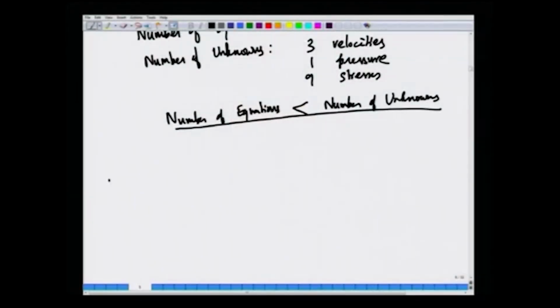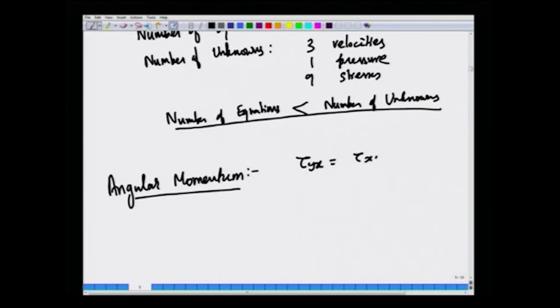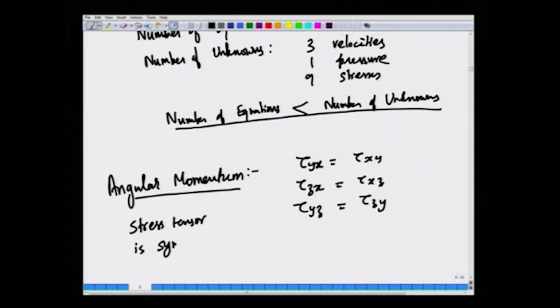But before that, we can also write down the equation for angular momentum that will tell us that tau y x is tau x y, tau z x is tau x z, tau y z is tau z y. That is, the stress tensor is a symmetric tensor, that is, the matrix of elements is a symmetric matrix.